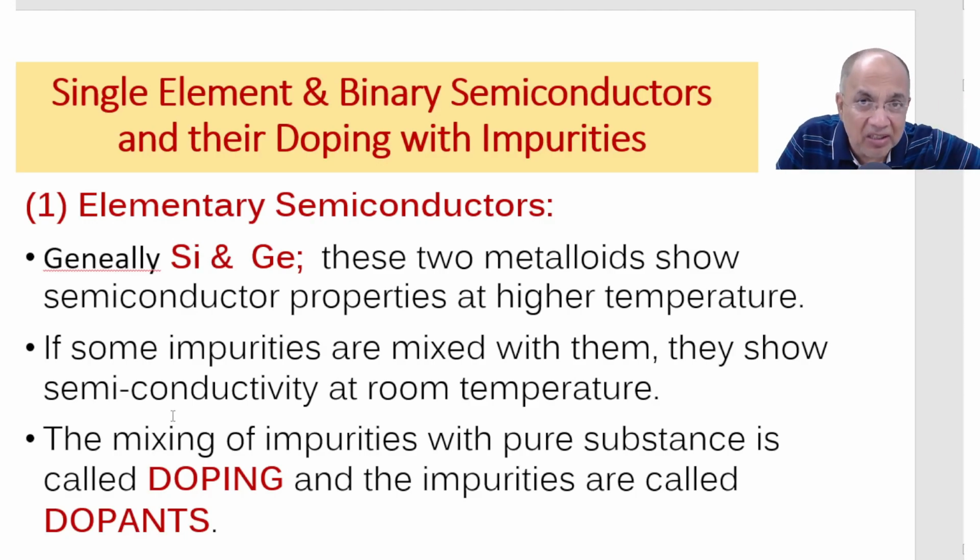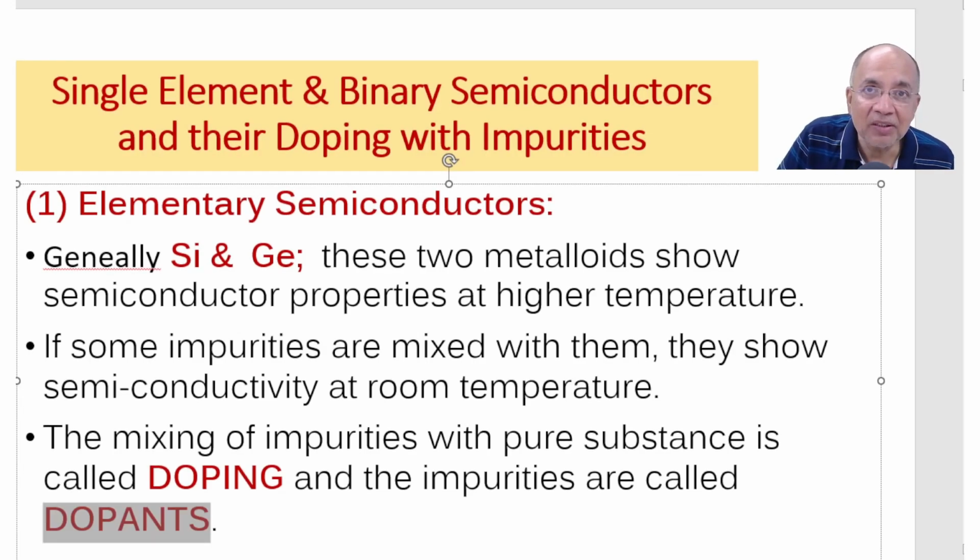Its conductivity is risen manifold, but they don't become conductors. They remain in the semiconducting range, but at room temperature they start conducting electricity. No need to heat as you found a little earlier. So this mixing of impurities is called doping, and the substances which are mixed, the impurities, are called dopants. Doping and dopants.